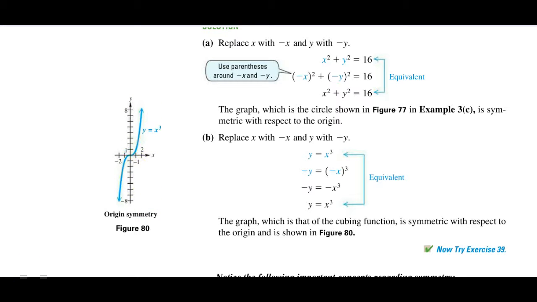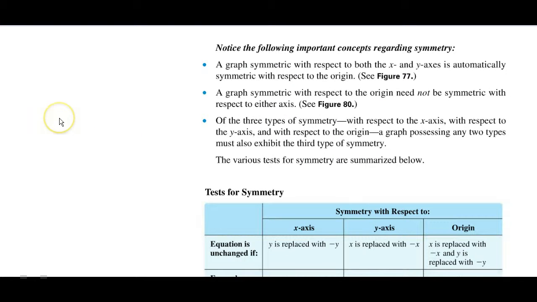Okay. Now I like it as the textbook is going. They're giving us a number of items of review here. So here's a little summary. A graph symmetric to both the x and y is automatically symmetric with respect to the origin. A graph symmetric with respect to the origin need not be symmetric with respect to other axes.